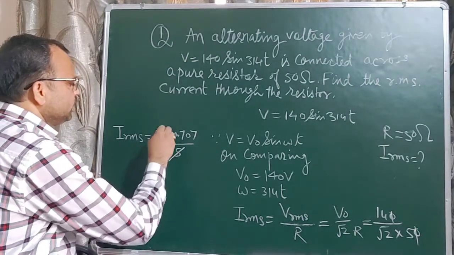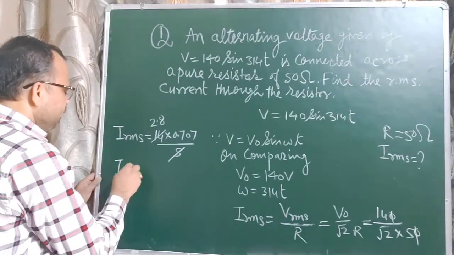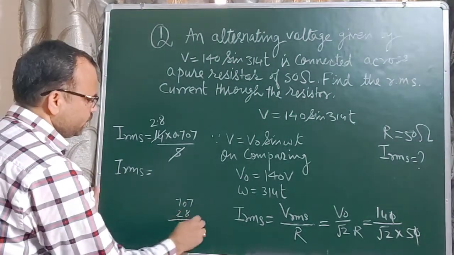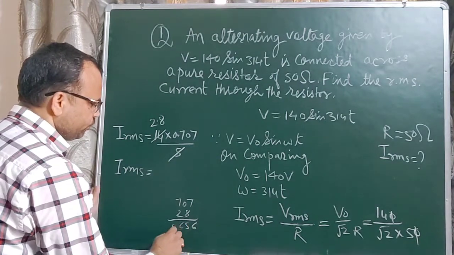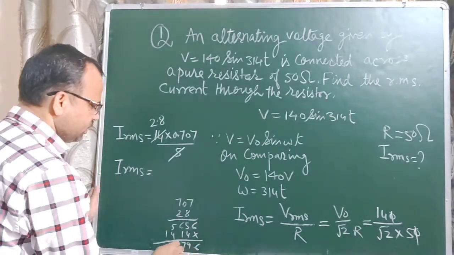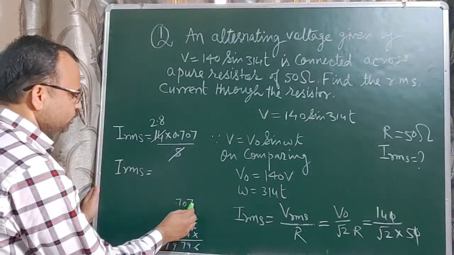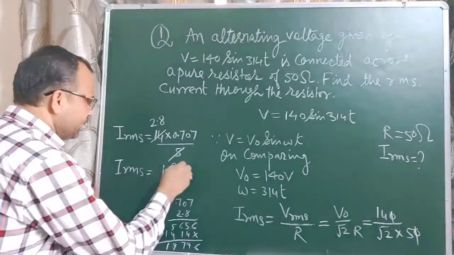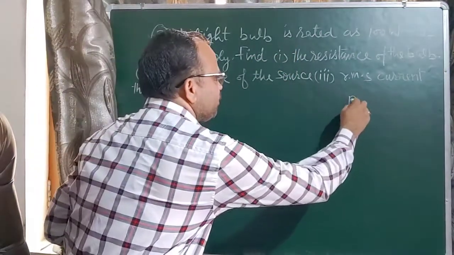Now multiplying these, I RMS equal to 1.9796, meaning 1.98 ampere.